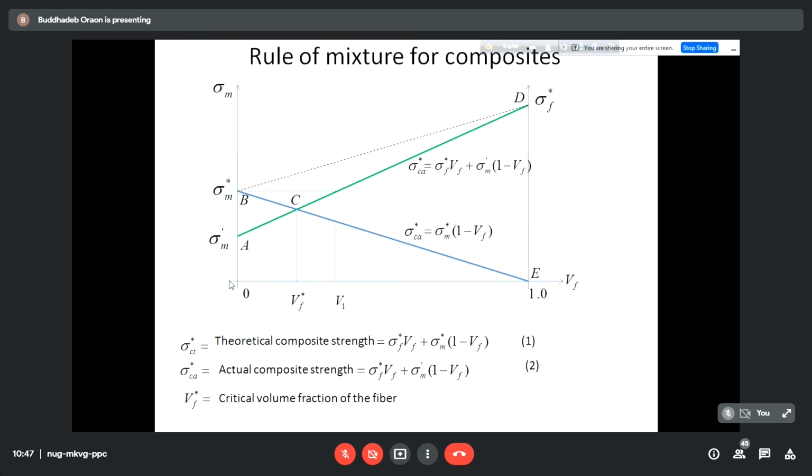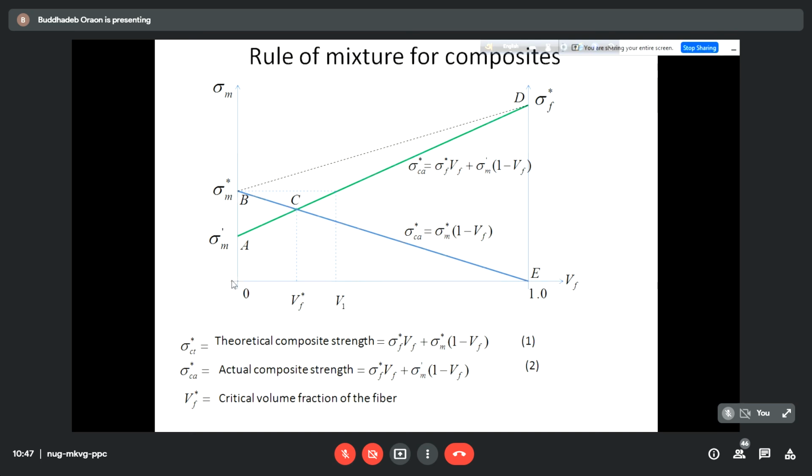Here is one y-axis, left side. This indicates the stress level in the matrix. And you see, volume fraction of the fiber can be from 0 to 1 or 0 to 100%. So this is the zone, and within this zone, actually we can select a particular percentage of fiber. So these are the two extreme points.